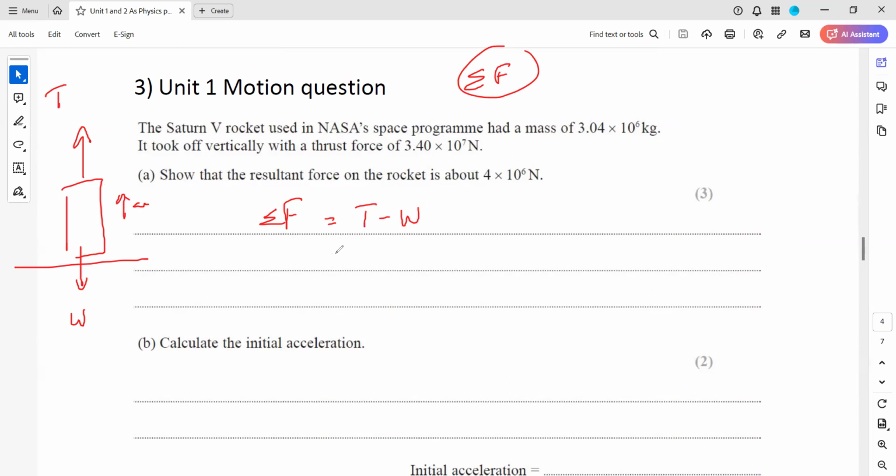So the thrust is given, which is 3.4 × 10^7, minus the weight of the rocket. The mass of the rocket is 3.04 × 10^6 times the gravitational field strength, 9.8. That will give us the resultant force acting on the rocket.